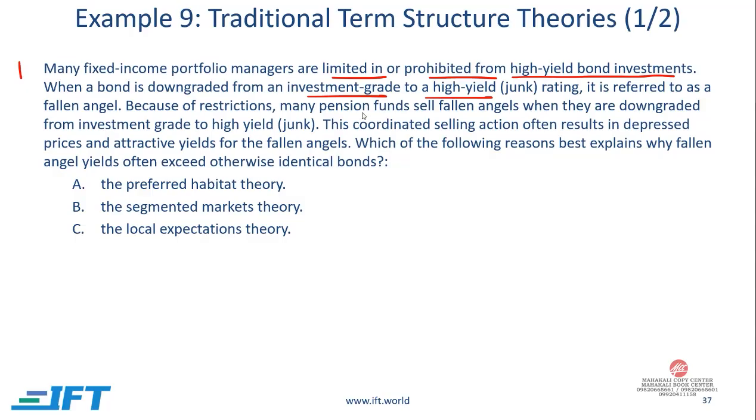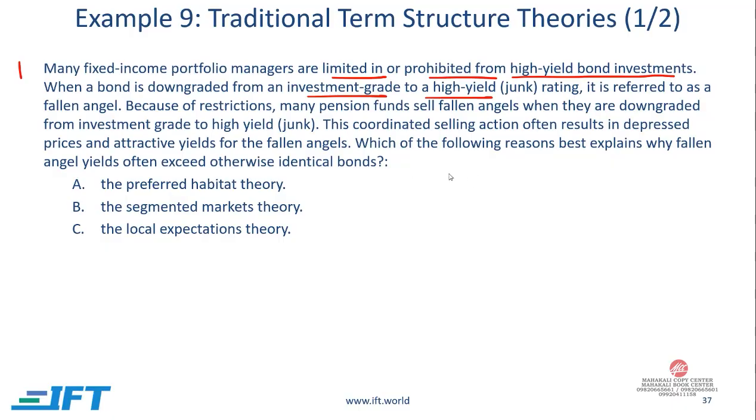Because of restrictions, many pension funds sell fallen angels when they are downgraded from investment grade to high yield. This coordinated selling action often results in depressed prices and attractive yields for the fallen angels. Which of the following reasons best explains why fallen angel yields often exceed otherwise identical bonds?